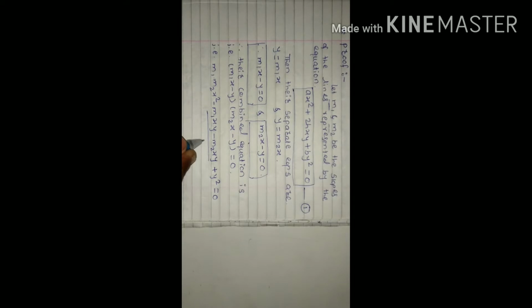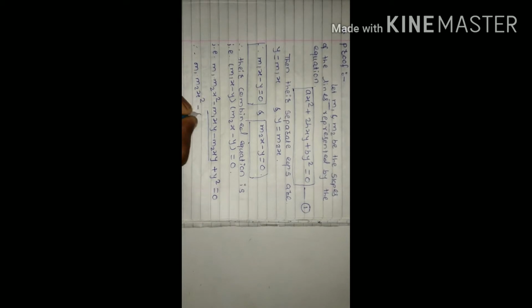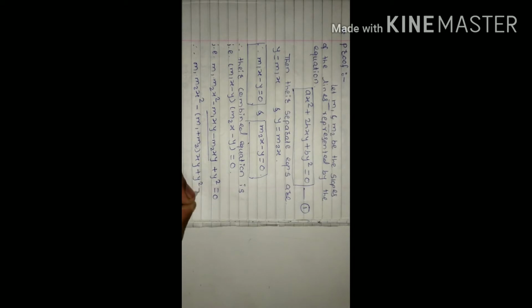We take xy common. Then the equation is m1 into m2 into x square minus m1 plus m2 into xy plus y square is equal to 0.